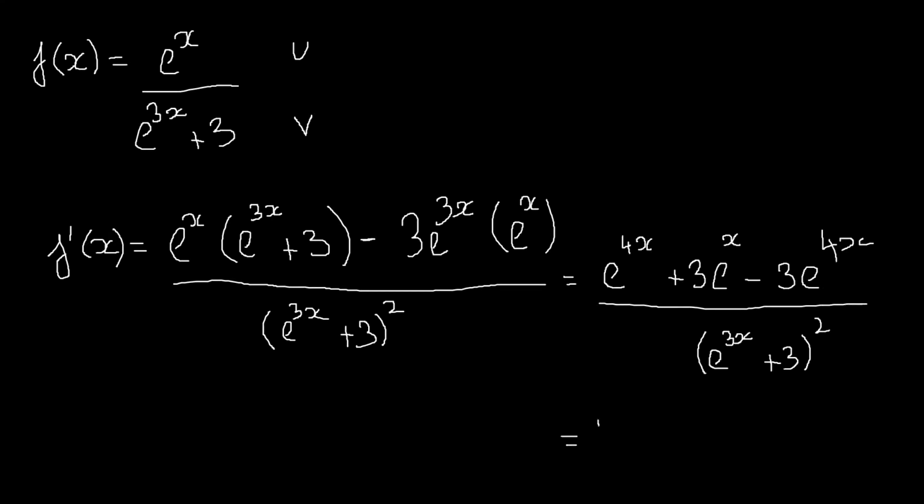So now we can simplify this further into 3 e to the x. 1 minus 3 is negative 2 e to the 4x, all divided by e to the 3x plus 3, squared. So now let's move on to the next example.